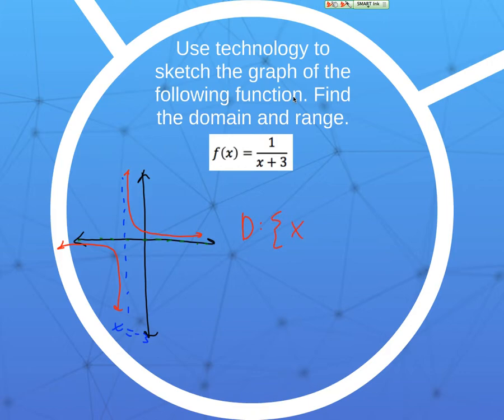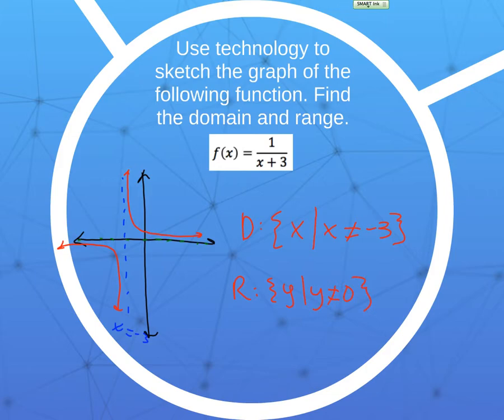So then just like we talked about, for those x's, it cannot be -3. So I'm going to write my domain that x cannot equal -3. It cannot exist where I've got that asymptote. And then similarly for my range, my y value is never going to equal 0.